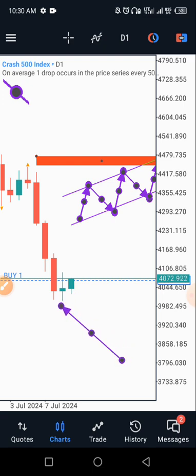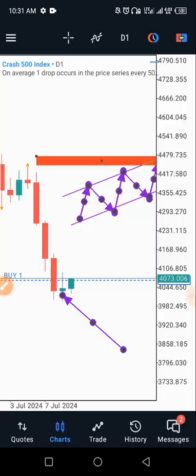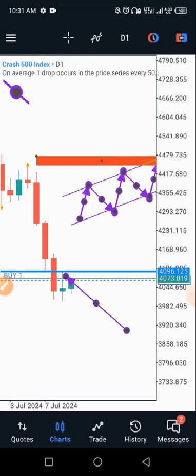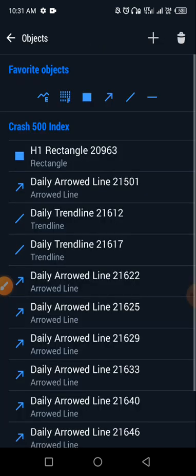So this gives us an idea that the market is possibly trying to reach out for this particular high here. So our first target will be yesterday's high, and then our next target will be the previous high here. So we are just going to highlight it here.